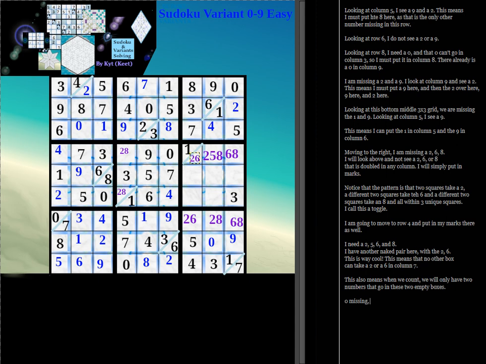Zero, missing 1, 2, 2 is missing but taken, 3, 4, 5, 6, missing but taken, 7, 8, and 9 is missing. Only the 0 and 9 can go in these 2 boxes.